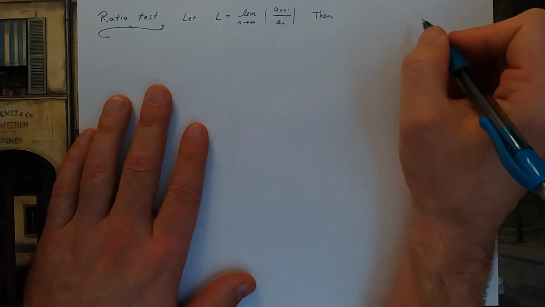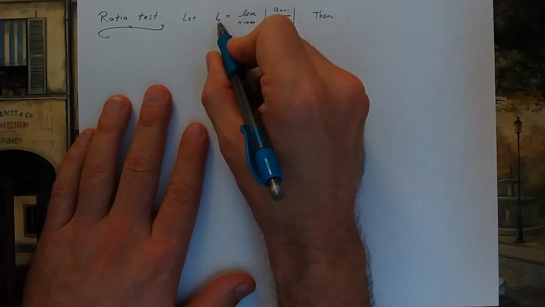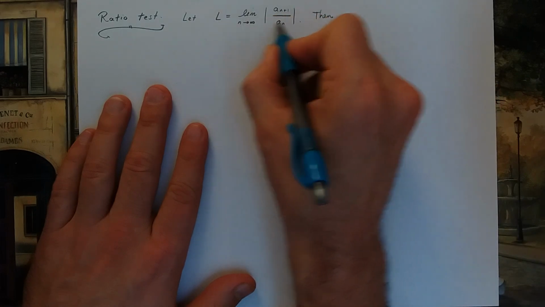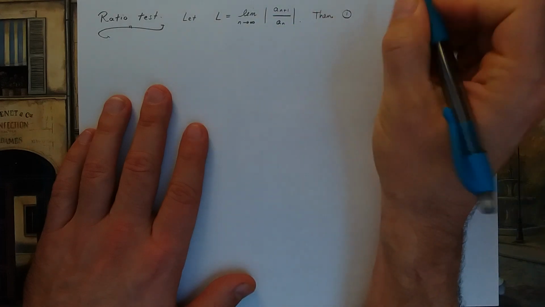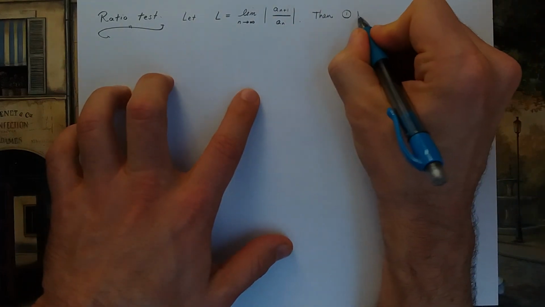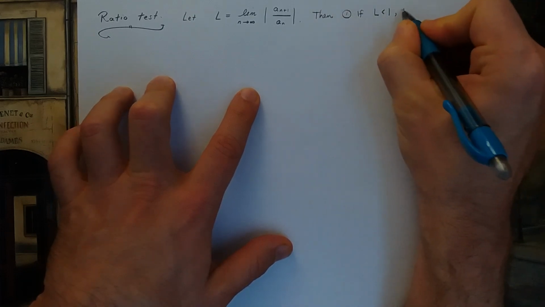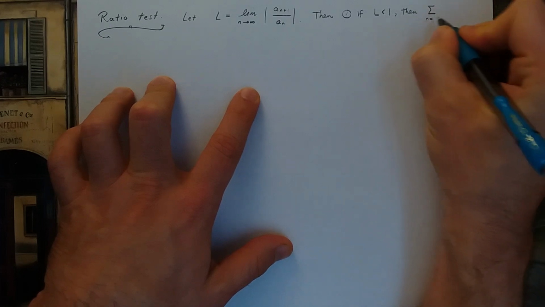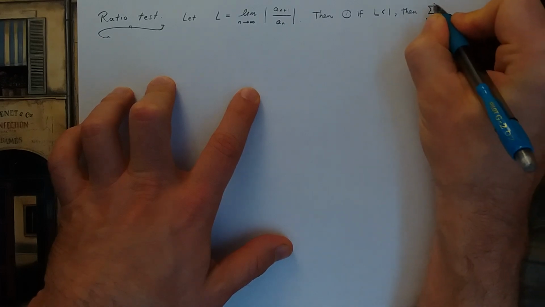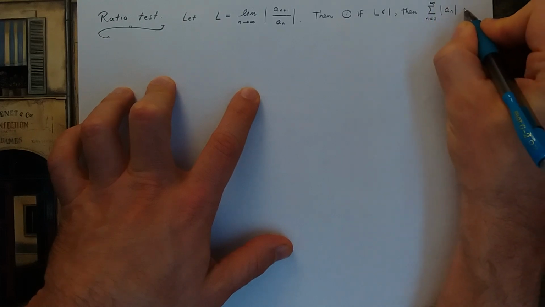Then, like the root test, I can say a few things about whether or not the series converges depending on the value of L. So the first thing I'm going to say is, if L is less than 1, then the sum, n going from 0 to infinity, of the absolute value of a_n converges.